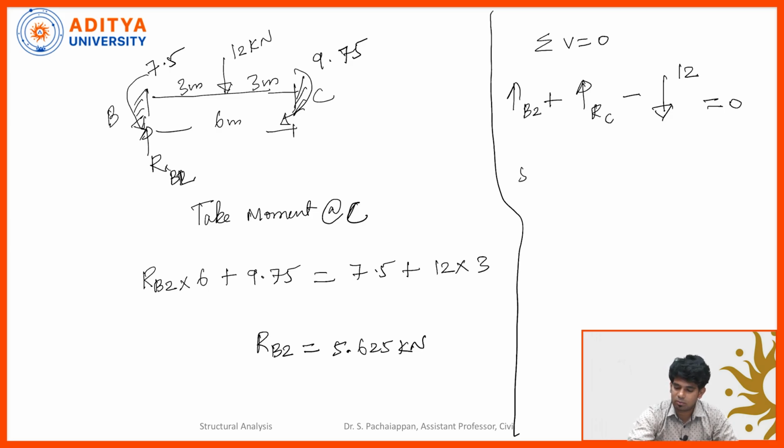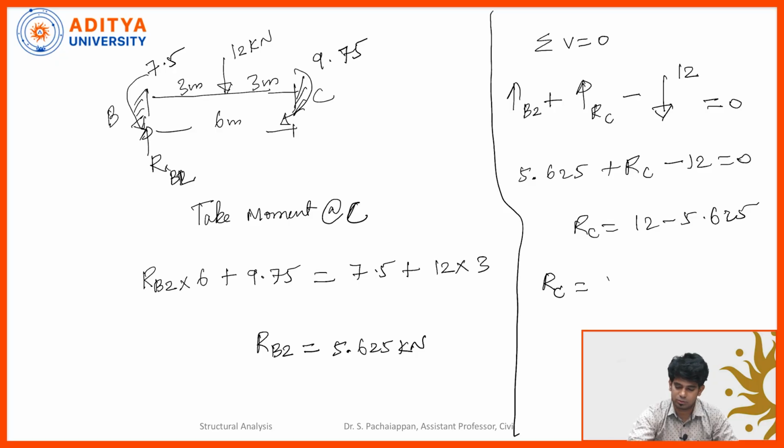RB2 we recently calculated, which is 5.625. The value of RC I don't know, and this is minus 12 equal to 0. So RC is equal to plus 12 minus 5.625. I am getting the value of RC equal to 6.375 kilonewton.